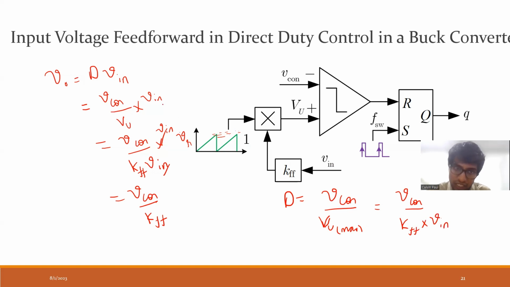Then I multiply by Vn, and this Vn gets cancelled. So by incorporating this method, I am designing my buck converter to be insensitive to changes in the input voltage. That is, the output voltage is virtually made insensitive to changes in the input voltage.